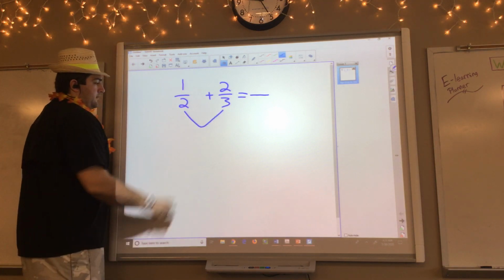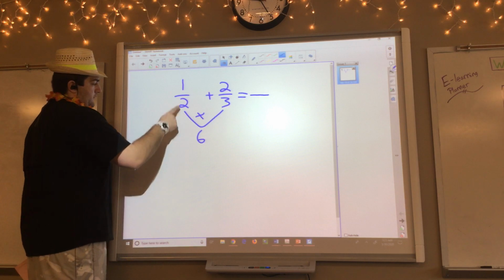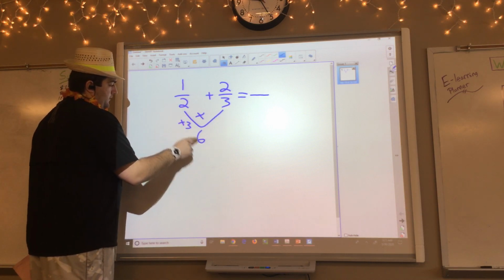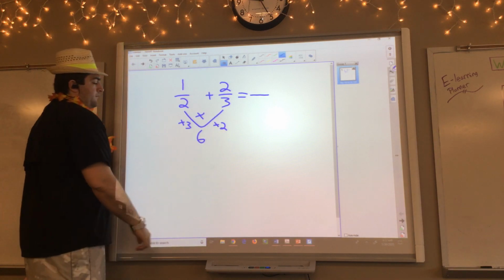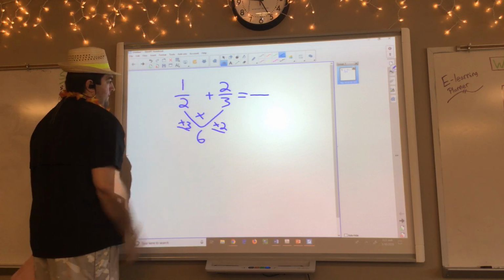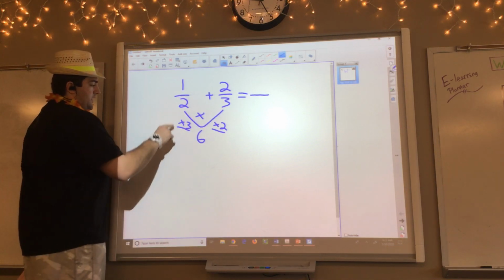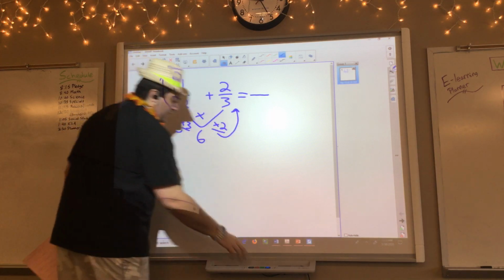2 times 3 gets you 6. Okay, so 2 times 3, 3 times 2. That's how we get our common denominators. And then this is telling us what to do up top to change these fractions. So take this, swing it up. Take this, swing it up.